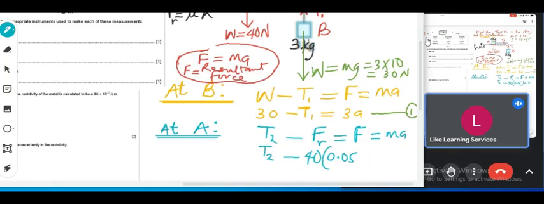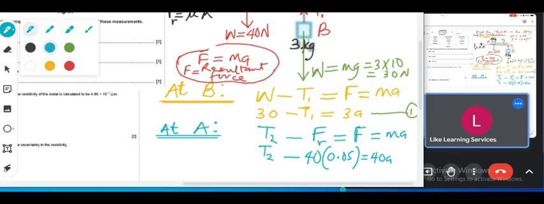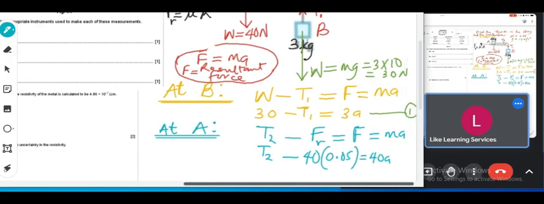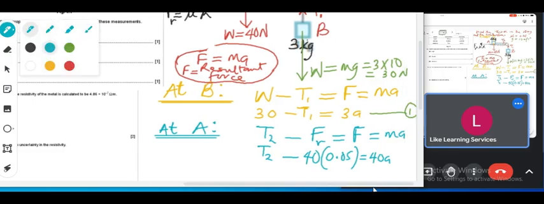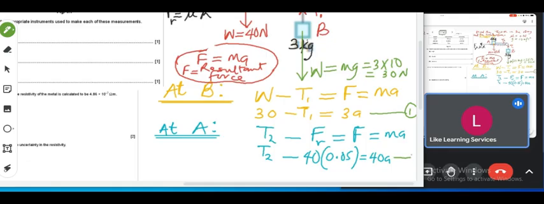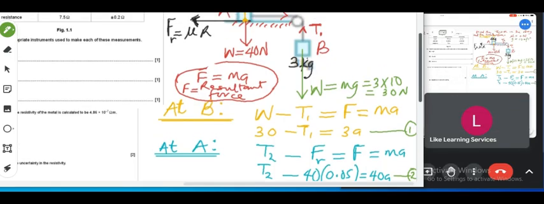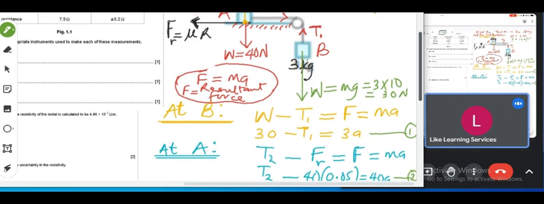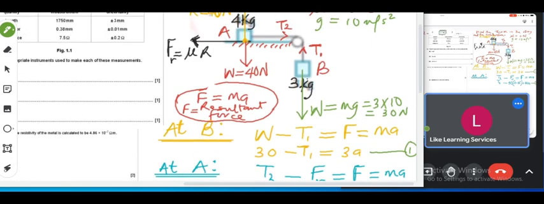Let me know if you are still with me. We call that equation 2. How do you get 40? No, that's mu R. The frictional force is not 40.